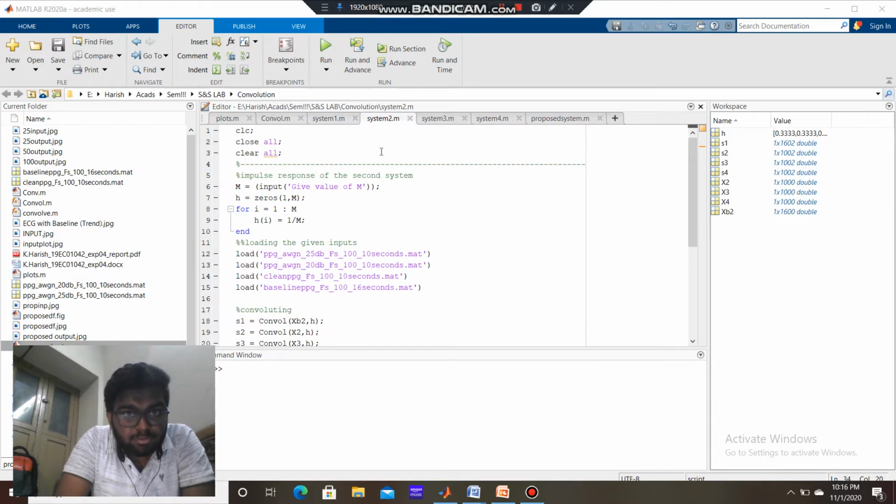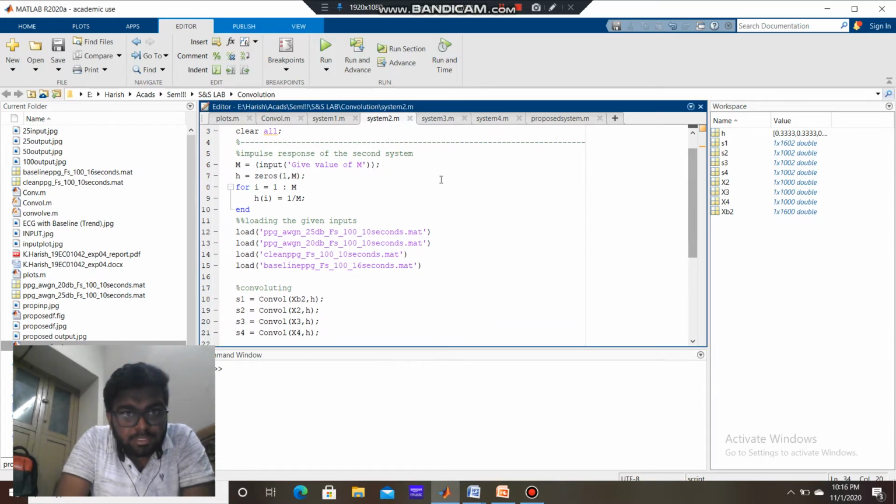Similarly for system 2, we have convolved the given four signals using system 2. The impulse response of the second system is defined as follows: h equals 0 from 1 to m, where m is given in the system which we are going to define, and we run this loop from 1 to m.